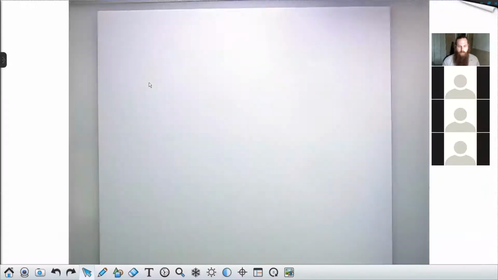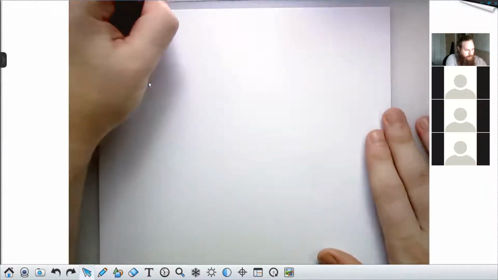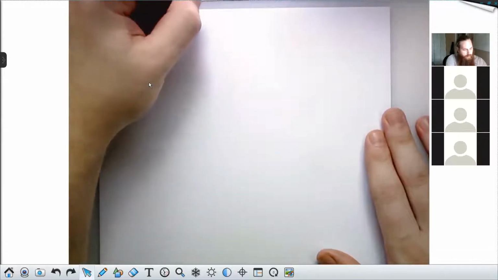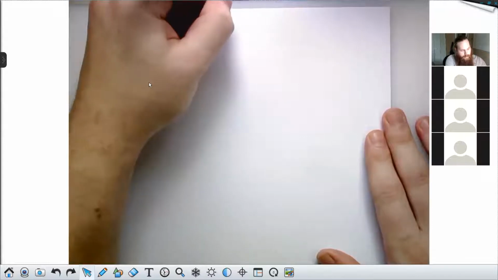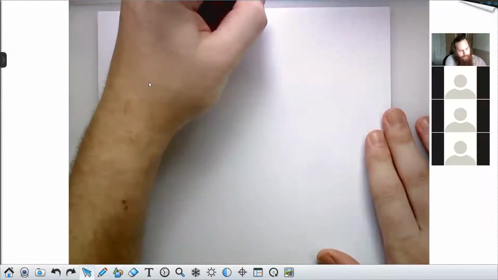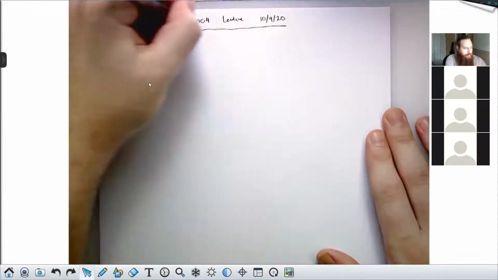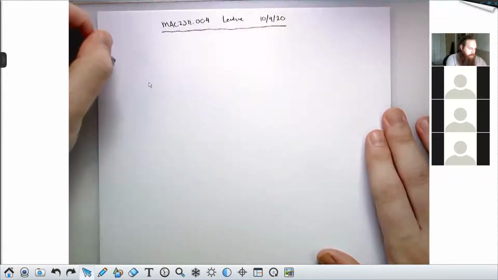So here is the course page. This is Calc 1, Section 4. Okay, so you should be able to find homework 6 now.